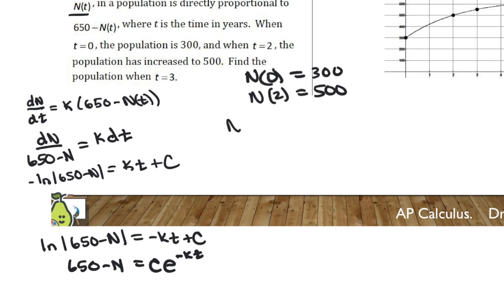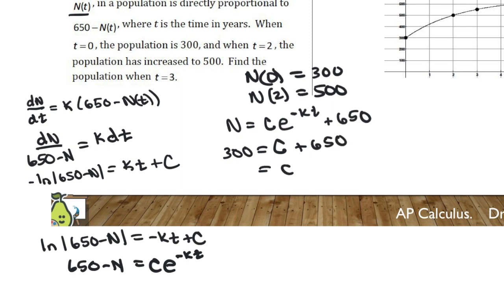If I solve for n, n equals c e to the negative kt minus 650 divided by negative, which is plus 650. Let's throw in a 0 for my t value. So 300 equals c plus 650. So c must be negative 350.